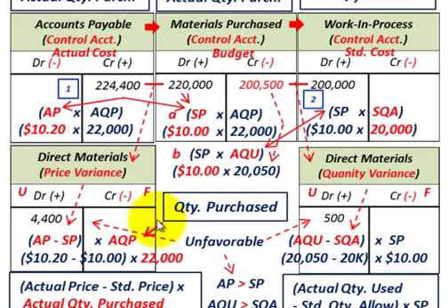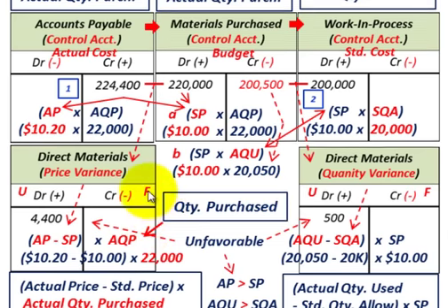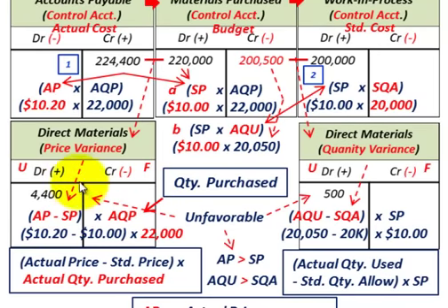Now let's go over these T accounts one more time so you can jot these down, if you don't quite understand all these letters. For our direct materials, it was our actual price minus our standard price, times the actual quantity purchased.